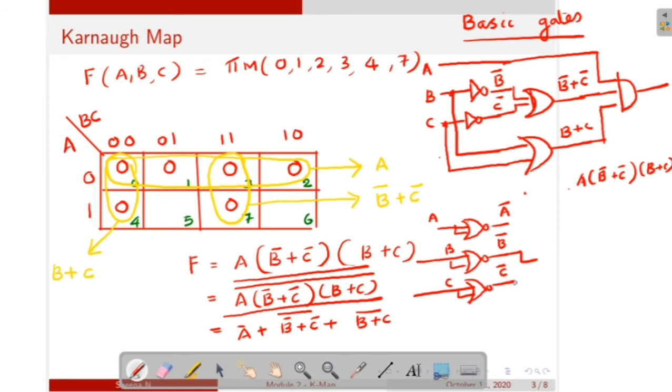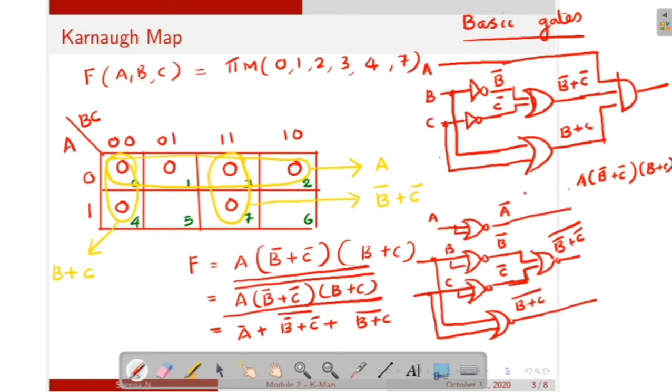Then take this B bar and C bar input, given to another NOR gate. So the output is (B bar plus C bar) whole bar. Then take B input and C input, given to another NOR gate. We get the output as (B plus C) whole bar.